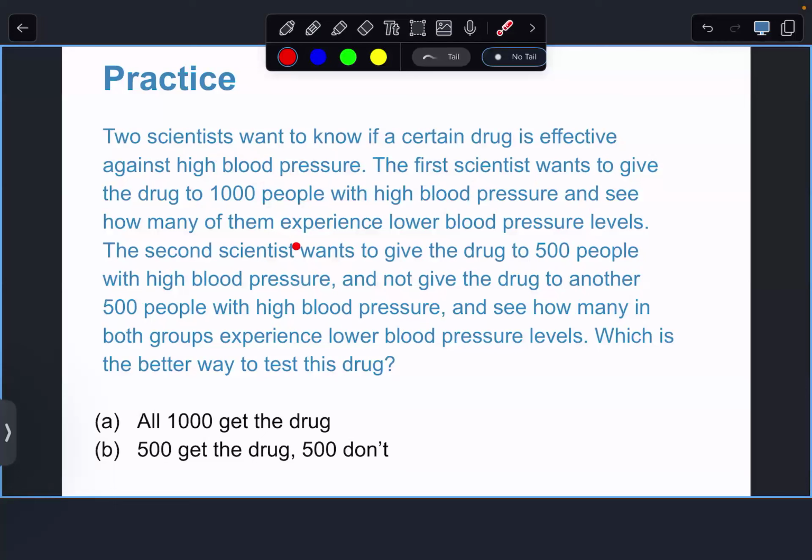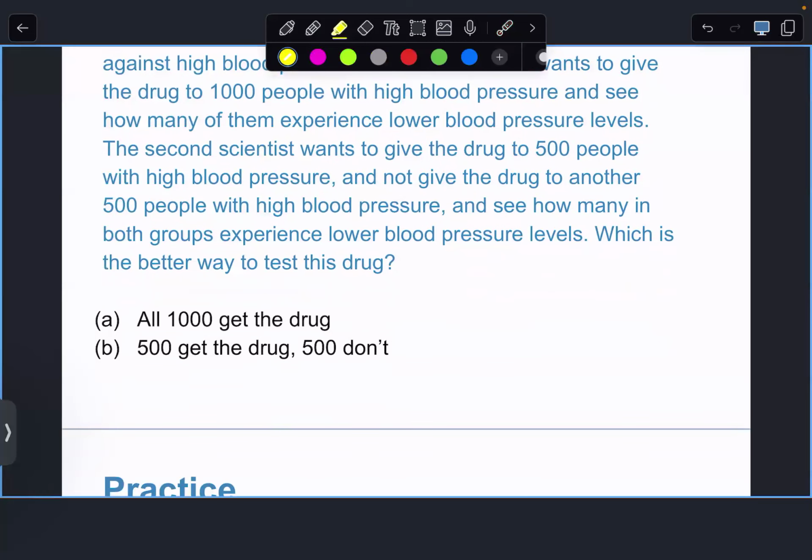Now, I think we know enough to say, well, that's weird, because don't you need a control group? Yes, you do. The second scientist wants to give the drug to 500 people with high blood pressure and not give the drug to another 500 people with high blood pressure and see how many in both groups experience lower blood pressure levels. Which is the better way to test this drug?